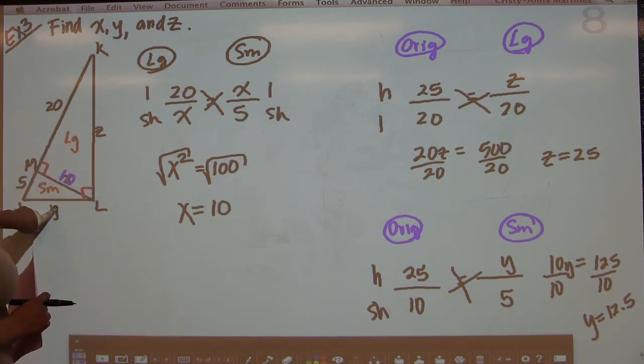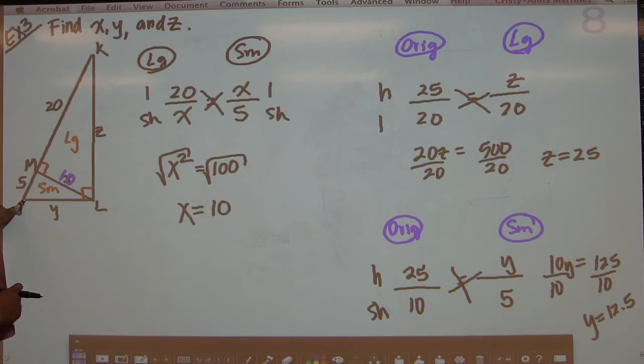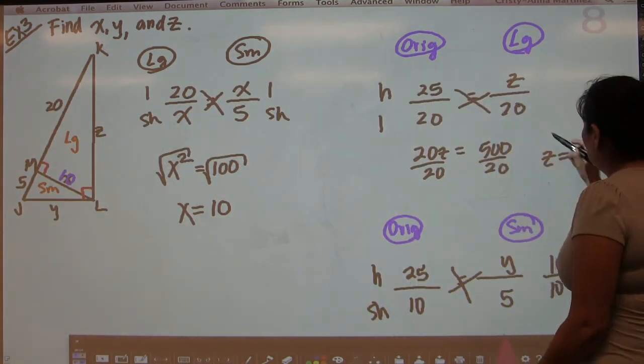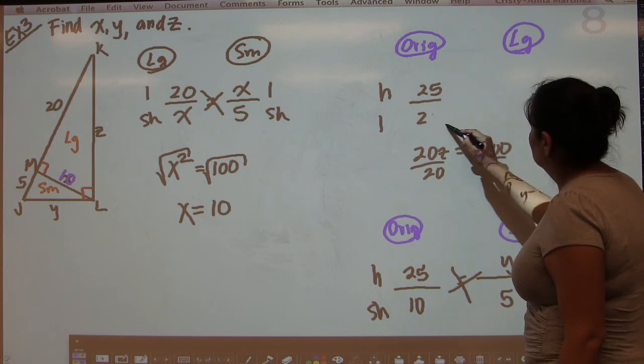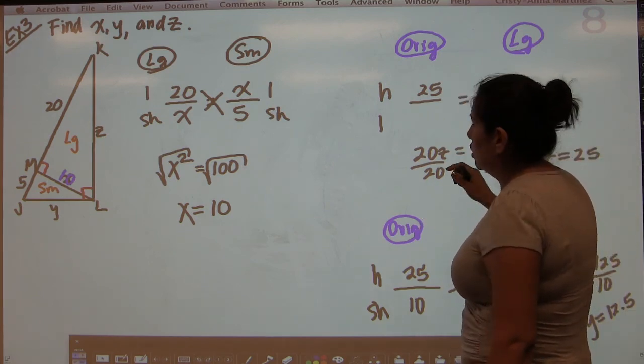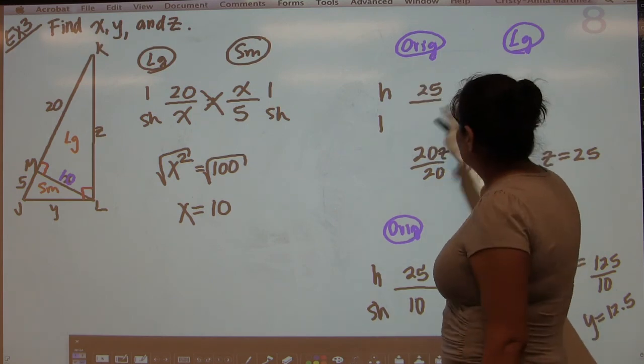Hypotenuse of the original triangle is 25. The long leg of the original triangle, oh my goodness. I'm so sorry, I did this backwards. I'm so glad that I caught that though. I knew something was off, I just didn't know what. And y'all probably already noticed and just couldn't tell me. So I'm sorry, I was doing the wrong sides.